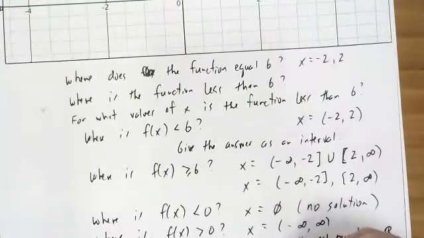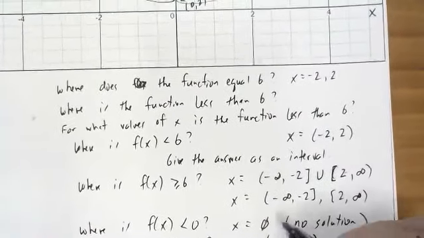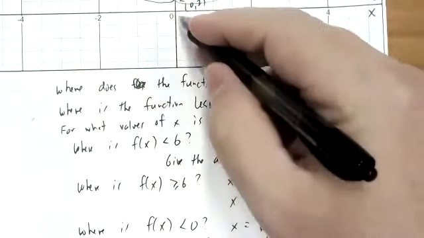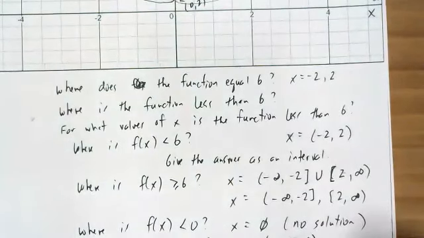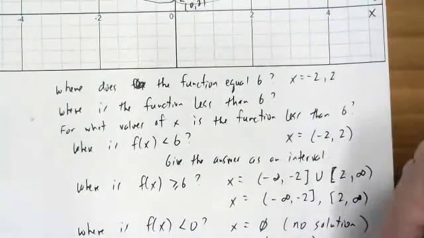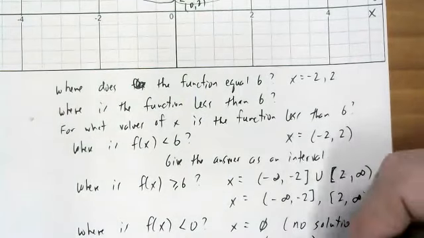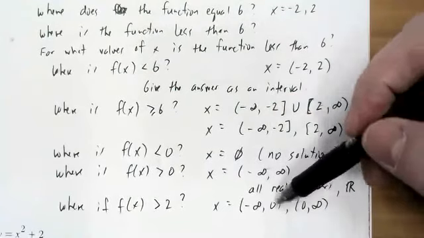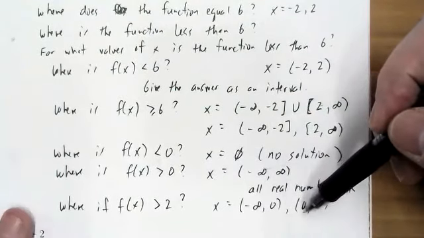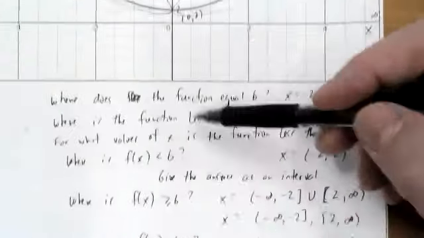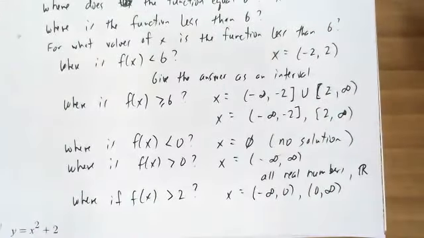So what would the answer be? It's got to be two intervals, negative infinity to 0, and then from 0 to infinity. In a sense, what I've written here is I'm skipping one value of x. When x is 0, that is not a solution to this question.